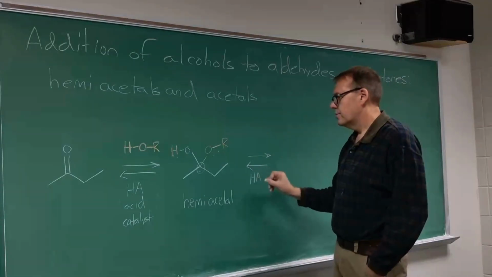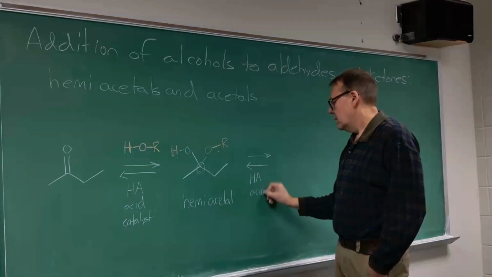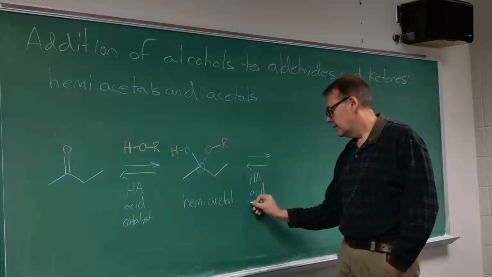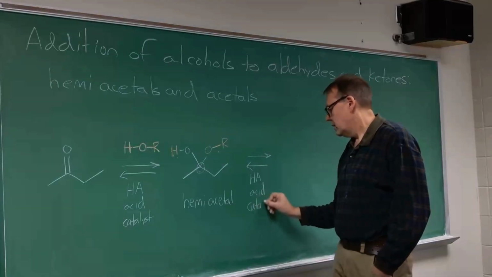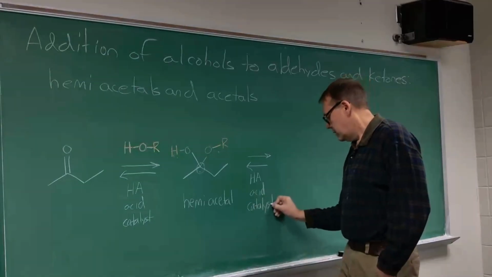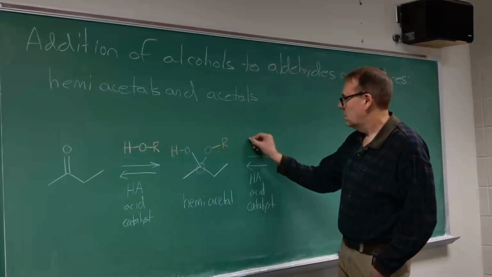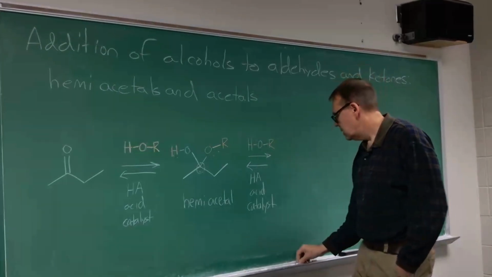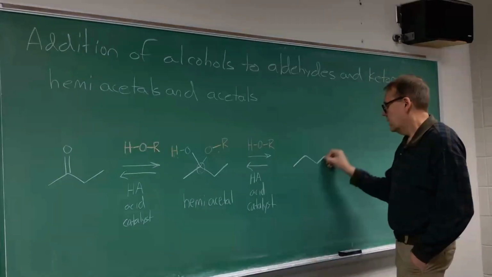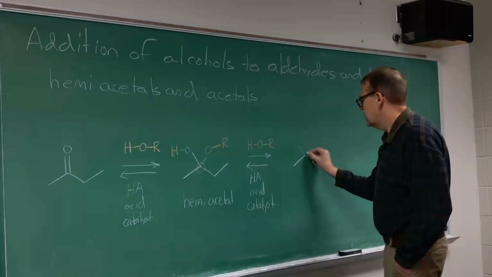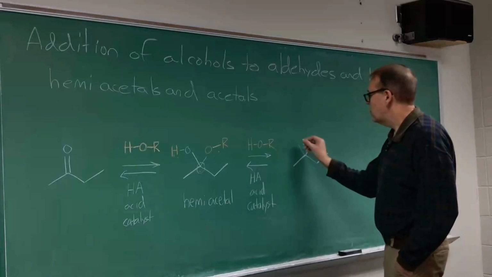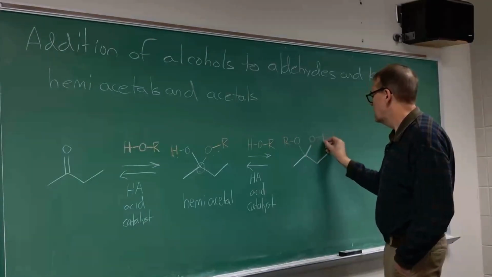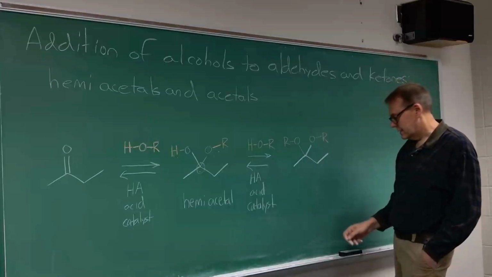Let's follow this a little further. HA, acid catalyst, catalyzes both the forwards and backwards reactions. Another molecule of alcohol can add, and you get this structure where there are two OR groups that have added, and a molecule of water is lost.